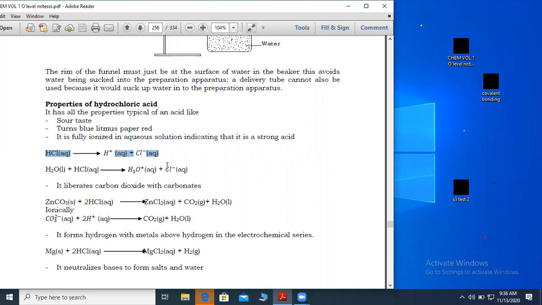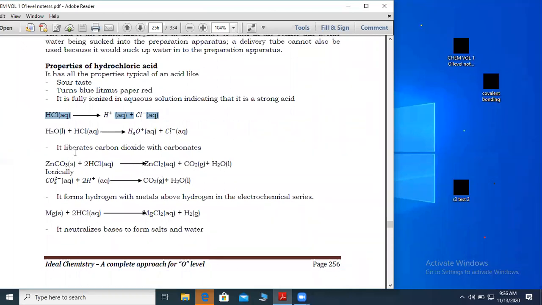And this is in line with the definition of an acid, which says that an acid is a substance which when dissolved in water produces hydrogen ions as the only positively charged ions. So it is in line with that. So we have hydrogen ions plus chloride ions.